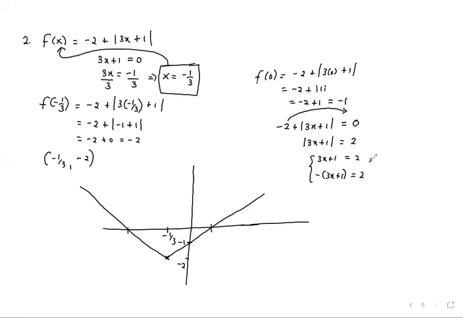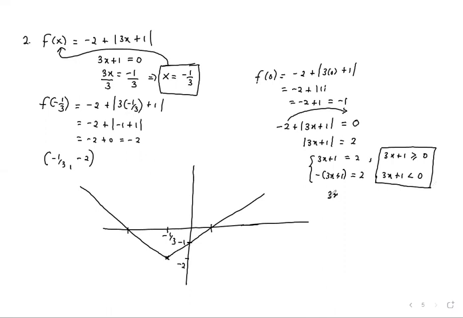So for this condition, we require that 3x plus 1 be greater or equal to 0. For the other condition, 3x plus 1 be less than 0. But because we're just solving for the values of x, for the intercepts, we'll concentrate less on this. So don't pay much attention there. Just mention them and leave them there.